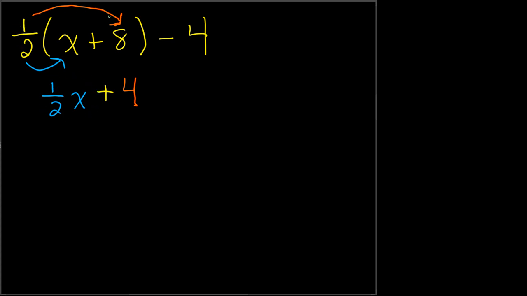I do this multiplication, and it gives me this second term. Now this -4 out here on the end doesn't do anything, right? Because it's not being multiplied by the half, it's there waiting. But look what happens. I have 1/2 x, that can't combine with anything else, but I have 4 take away 4. Well, that's 0. And this whole thing simplifies to 1/2 x.